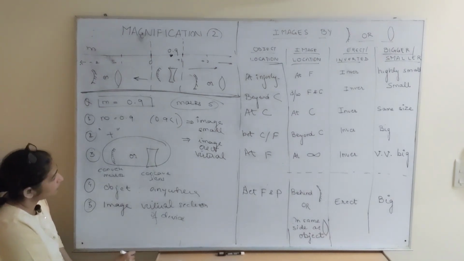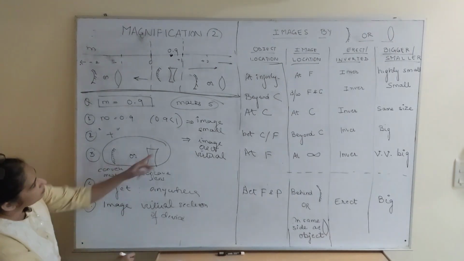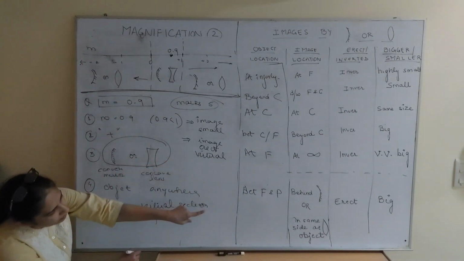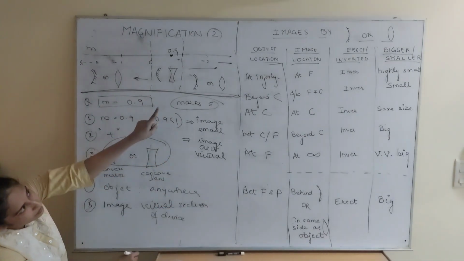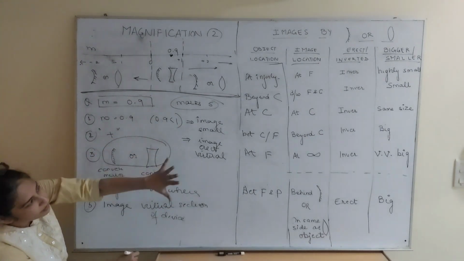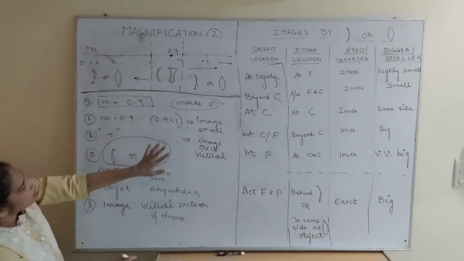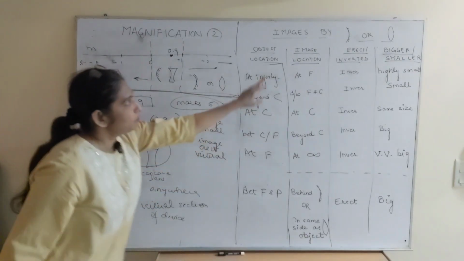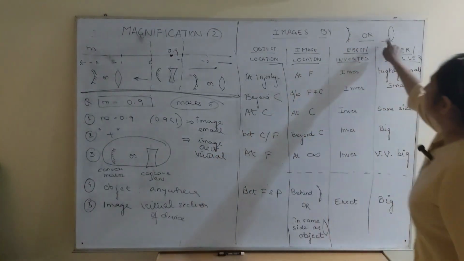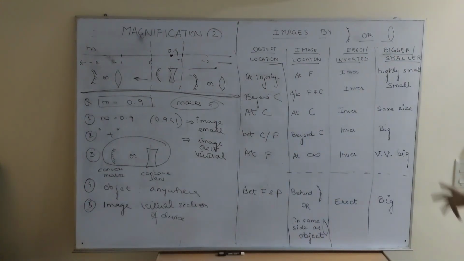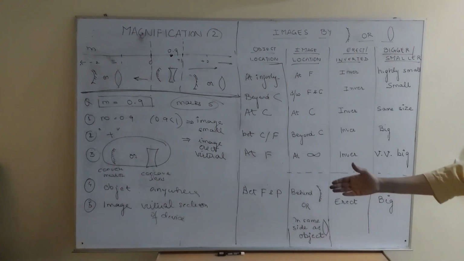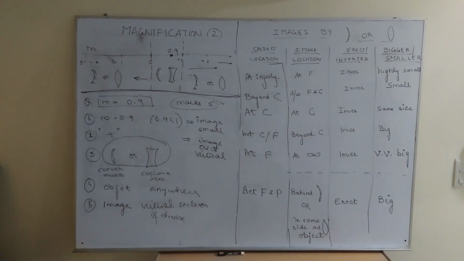Okay, image location. Because small and erect did not exist in the main table. See, the table we took the example of was for a concave mirror and a convex lens. We did not write the table for the other two. If you go through the book, for the other two there is only one option.